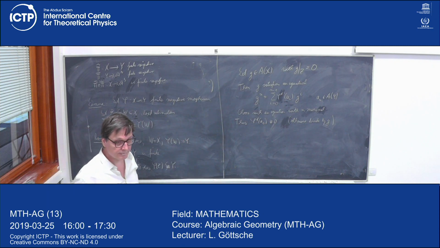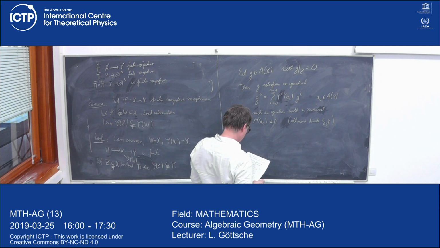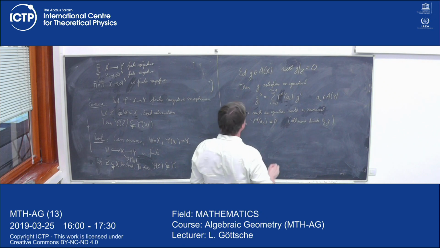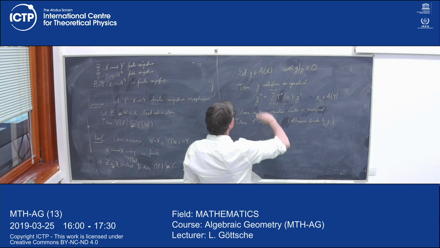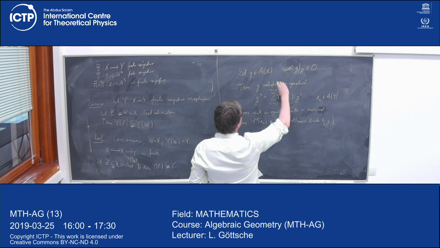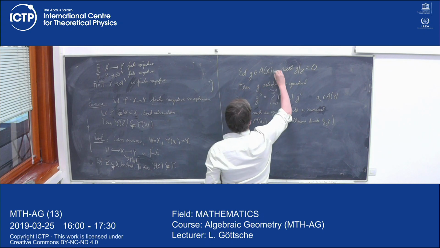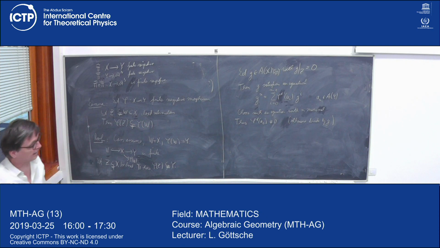Do we assume that G is not 0 in AX? Yeah, well, I think so. Let me see. Well, okay, yeah, maybe I can assume that. I mean, I have to assume that.